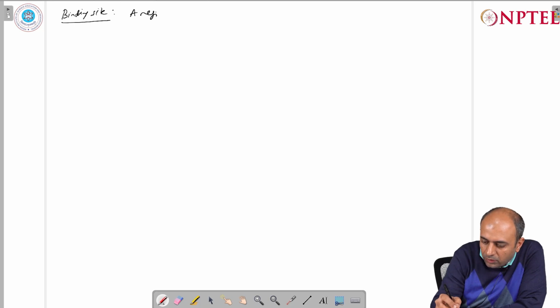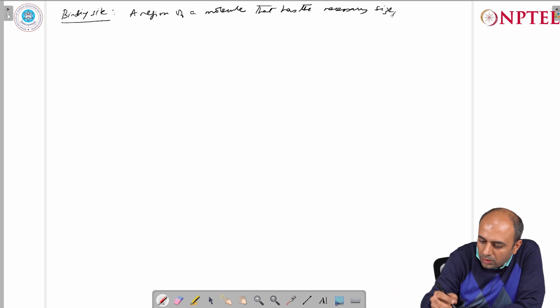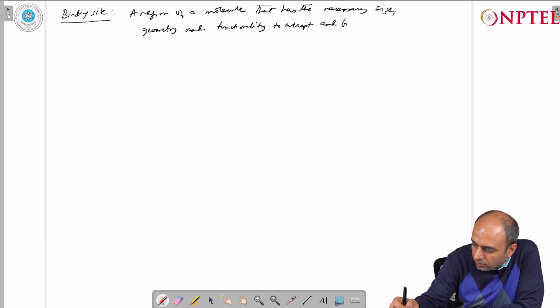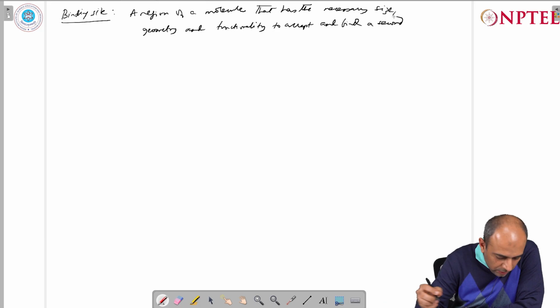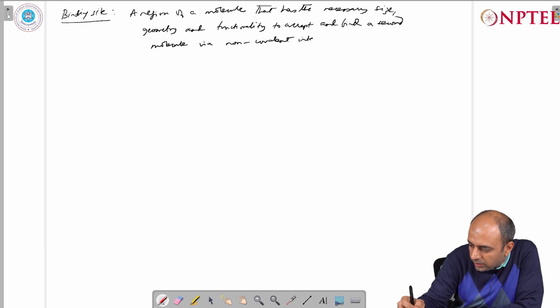It is a region of a molecule that has the necessary size, geometry and functionality to accept and bind a second molecule via non-covalent interactions.